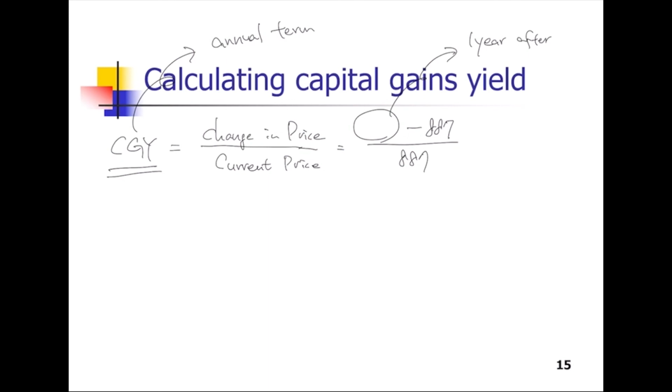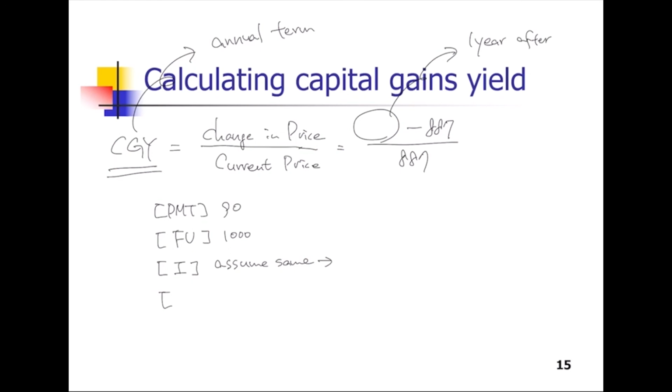How do we find next year's bond price? In this case, the PMT, the payment, is 90, the face value is 1,000, and the interest rate is assumed the same.